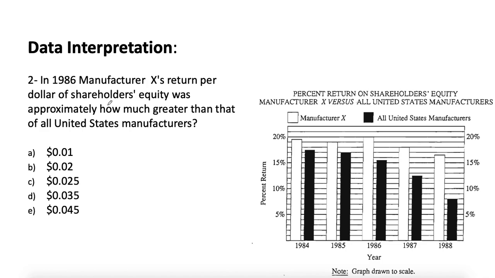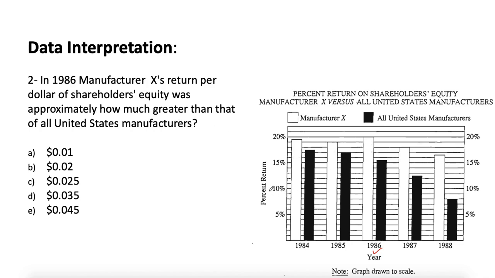In 1986, asking about this, X's return per dollar of shareholder equity was approximately how much greater than that of United States manufacturers? There is one thing we need to think about in this. We are given X's return per dollar, so we are provided with only $1 right now.